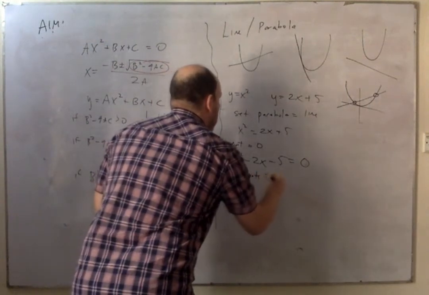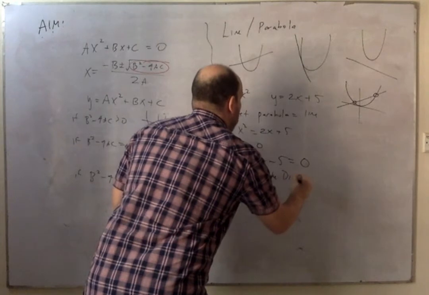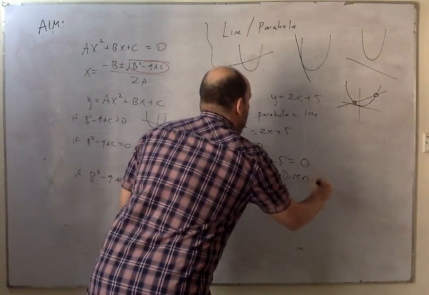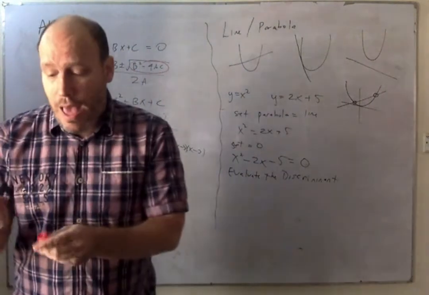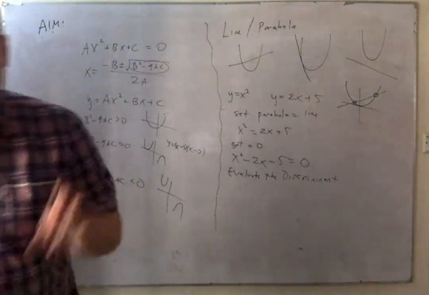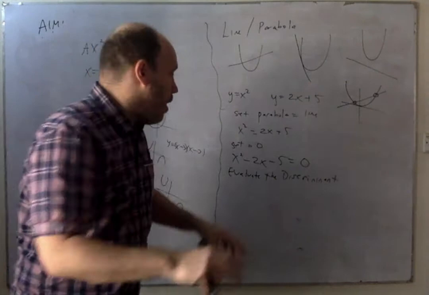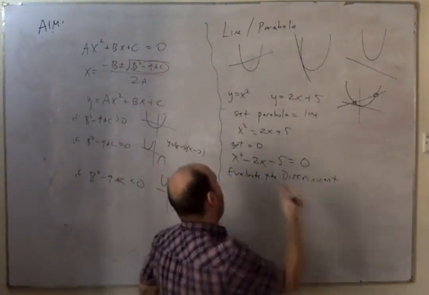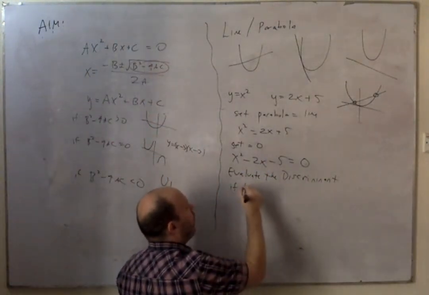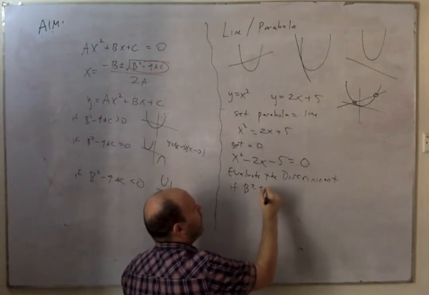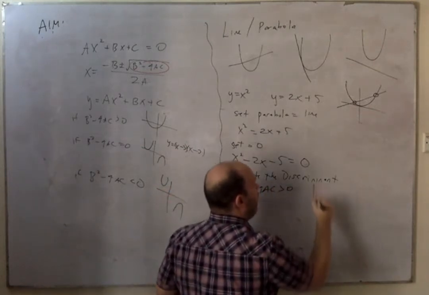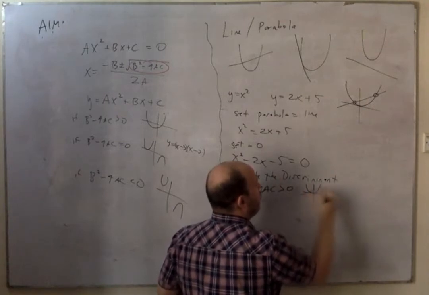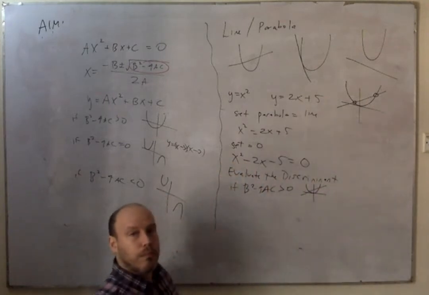It's the same idea as the nature of the roots questions. If b squared minus 4ac is greater than 0, then the parabola and the line intersect in two places.